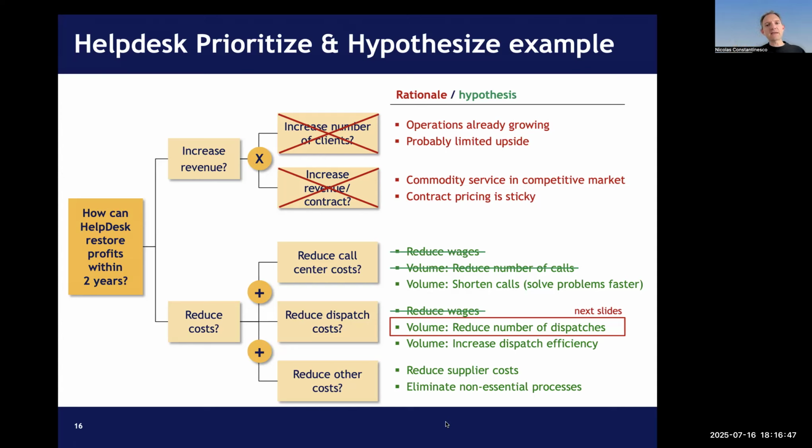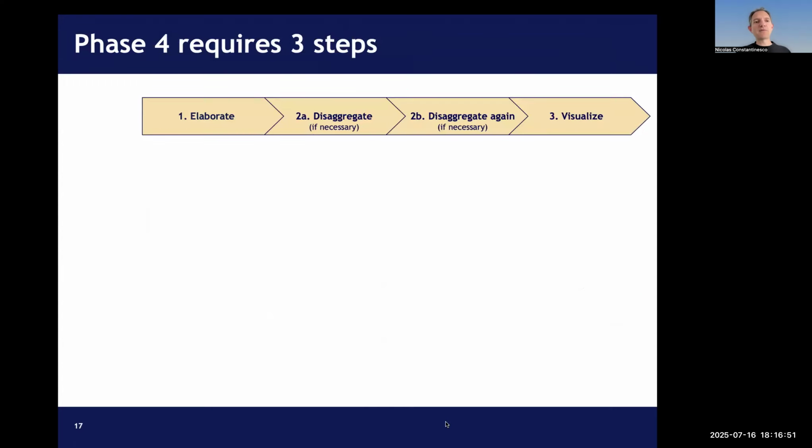So there are basically 3 steps to follow. First is elaborate, which means we want to be even more explicit about what we mean with a hypothesis, because the way that it was written before was extremely compact. So we want to really fully articulate it, to write in detail the full meaning of the hypothesis, okay?